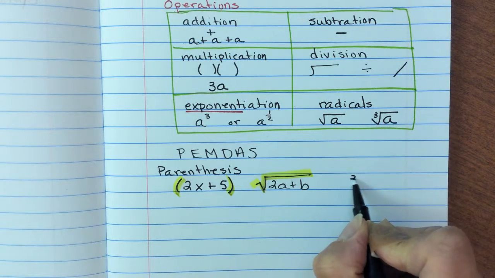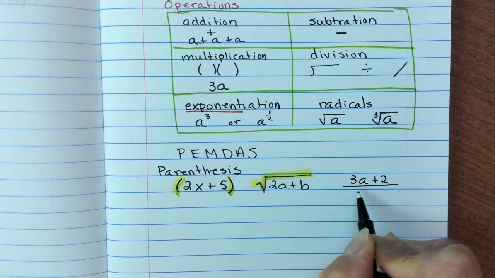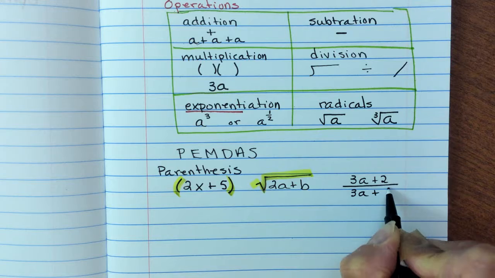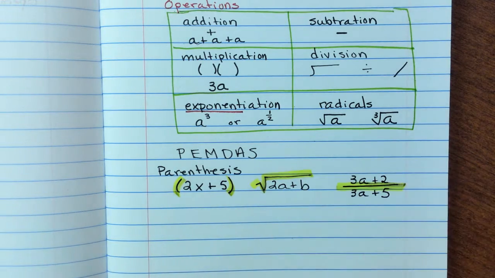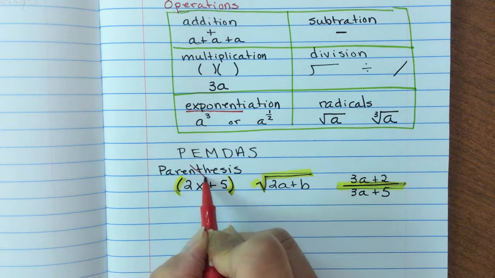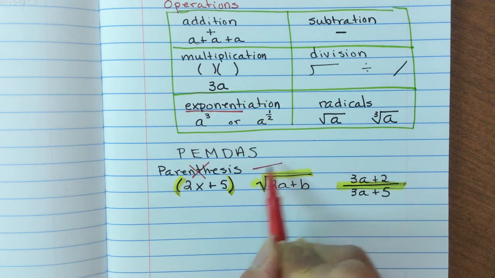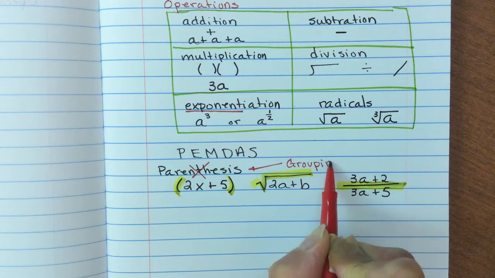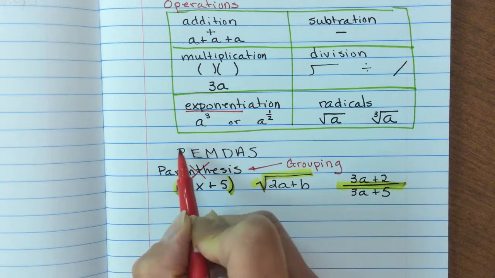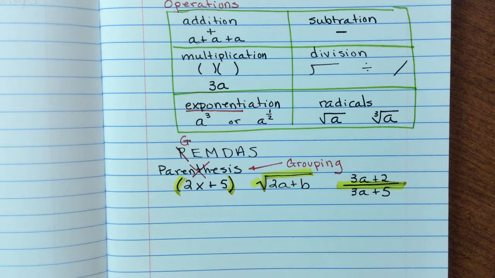And even division can act as a grouping. So you need to recognize all of those things as grouping. And in fact, I don't use the word parentheses because that's a radical and that's a division line. I think of this as anything that does grouping. So instead of a P, I use a G for GEMDAS.